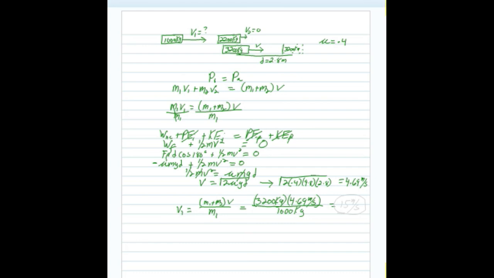I plug all that in, so I have this times 3,200 divided by 1,000. Then I get 14.99, so we'll say 15 meters per second. So that was the speed of the Toyota before impact. It shows how we can use both conservation of energy and conservation of momentum to solve certain physical problems.